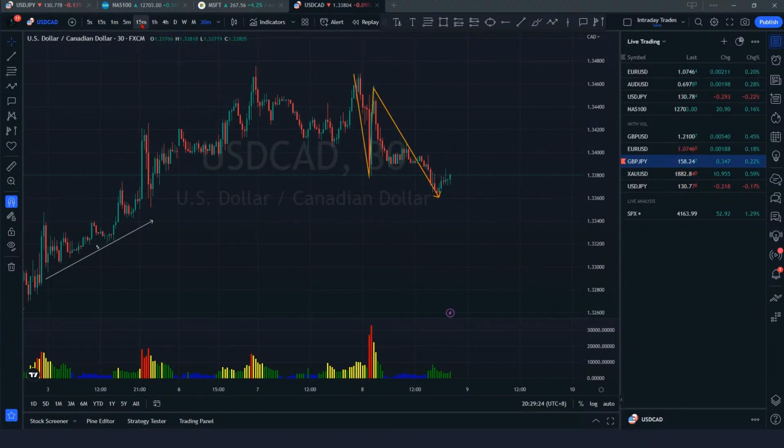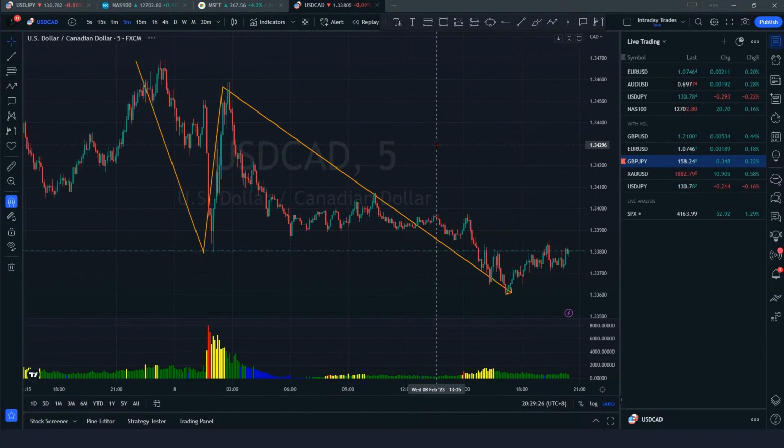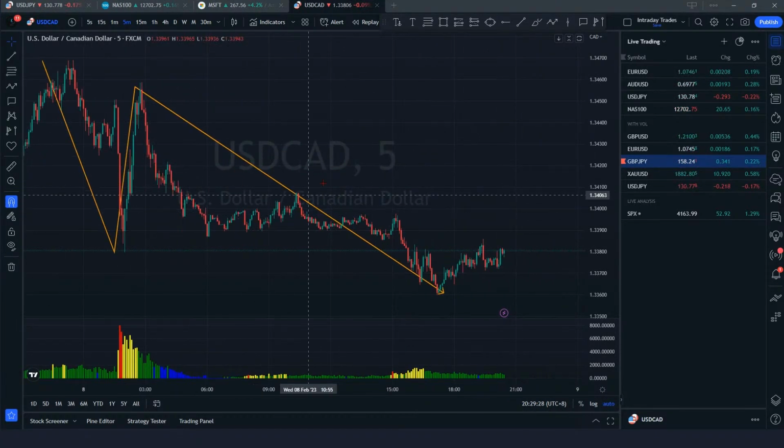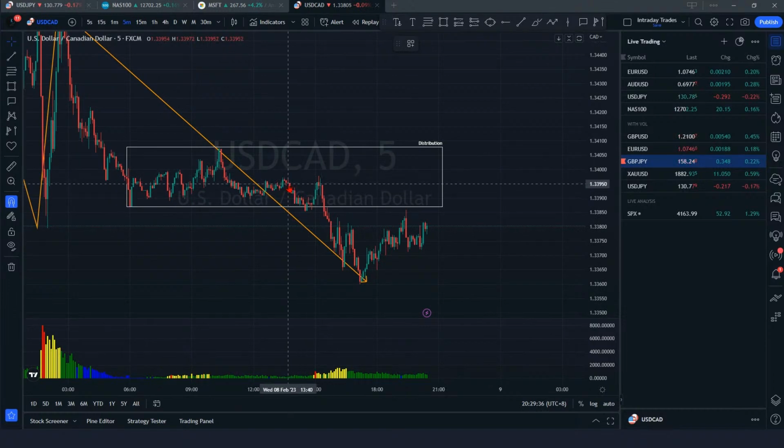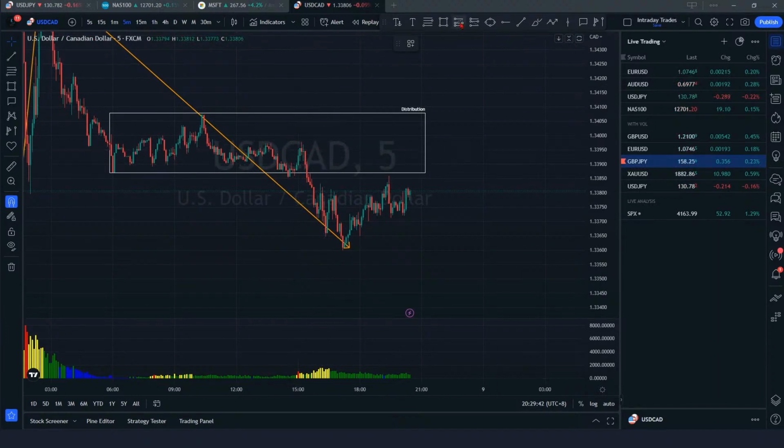Let me see the lower time frame. Okay, we have a distribution over here which was broken. Once we broke here, we see volume picking up but unable to push higher, and we created this backup over here, and price has recently mitigated this backup, right?